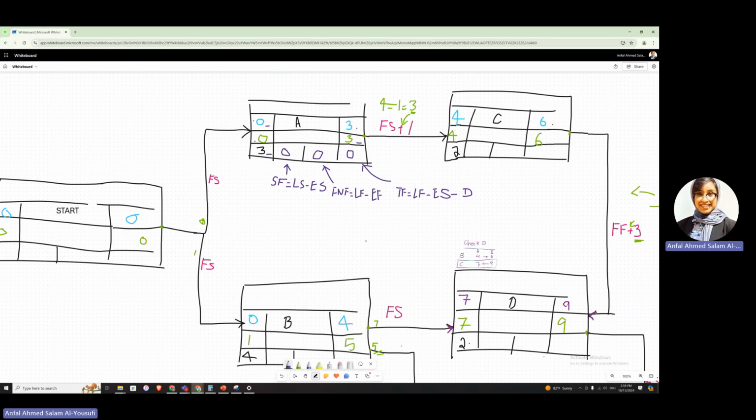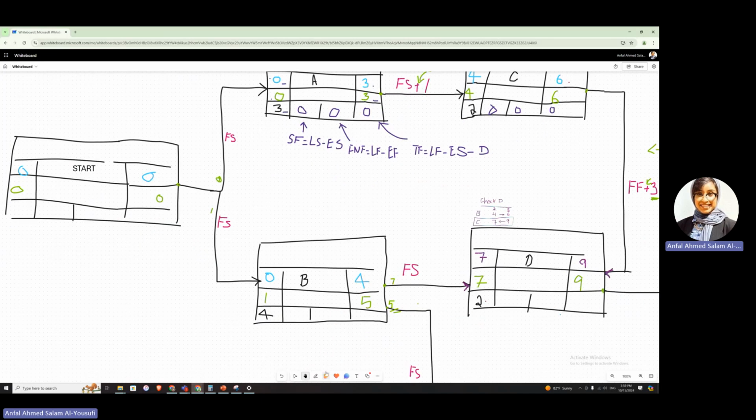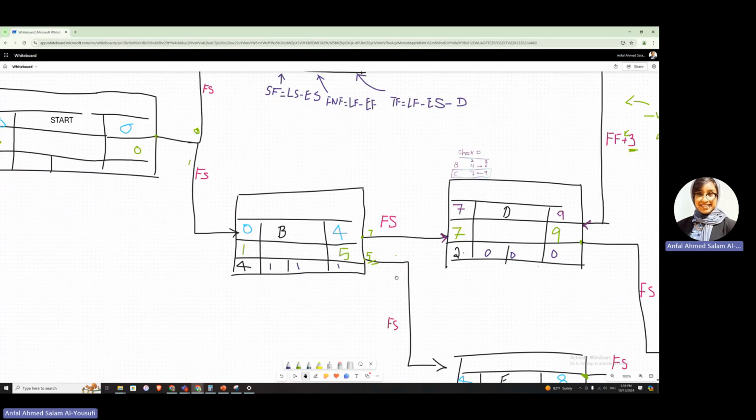So we are going to do that for every one of them. So I'm going to do it really fast. And here we're going to have 0, 0, 0. You guys can double check. For B, that is a 1, 1, 1. Here we're going to have 0, 0, 0. You can check and do the math. You would be able to see the answer.